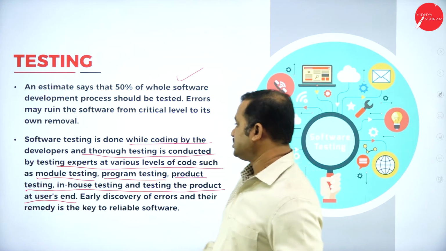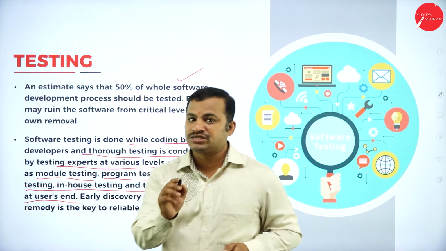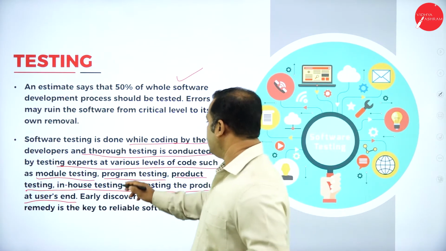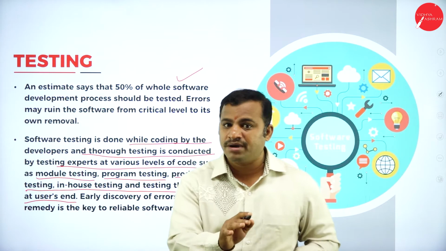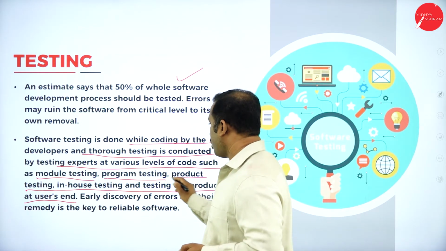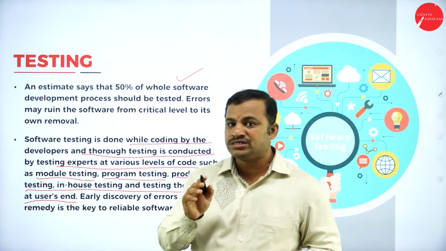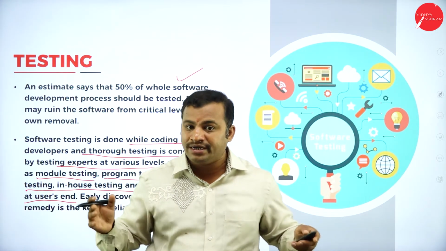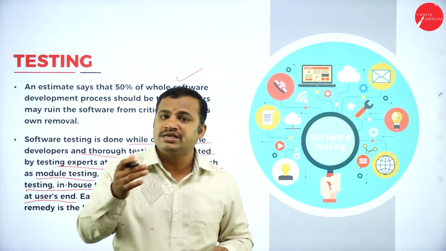That is, module testing, which is conducted at the level of the software developer, and program testing, which is done by the software developer, are part of unit testing. Then product testing: the different modules are combined or integrated together, and then the testing is carried out.